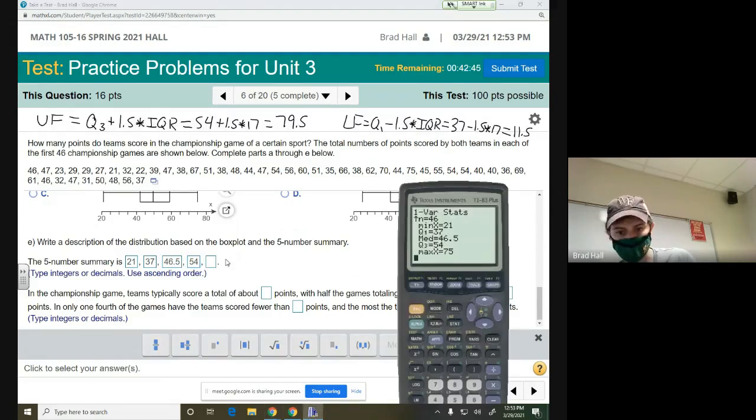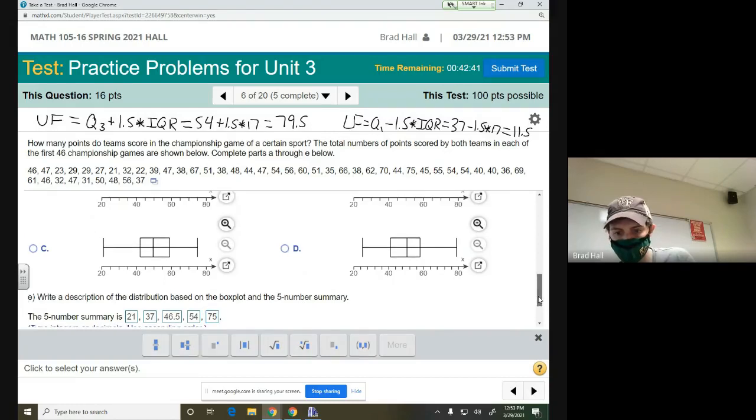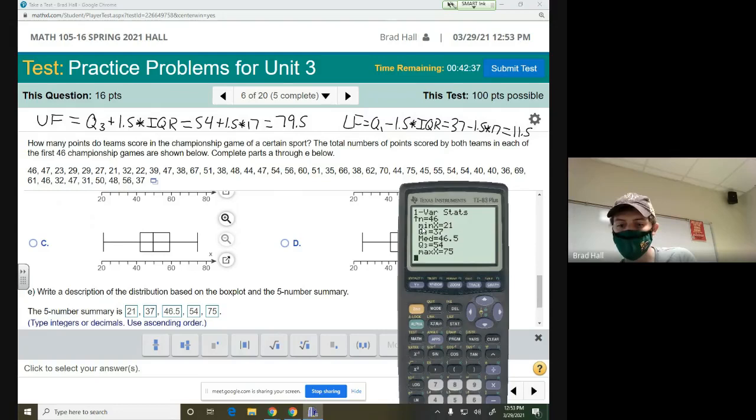And then the maximum, 75. You start from the minimum, right? The min. Yeah, you start with min-x. And then from there, the calculator gives it to you in order. So you can always just follow from the calculator's ordering.